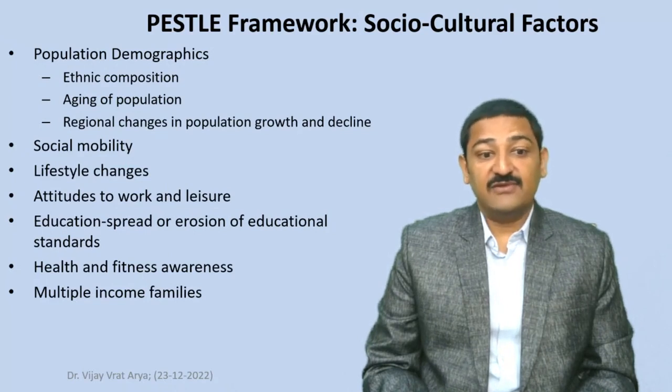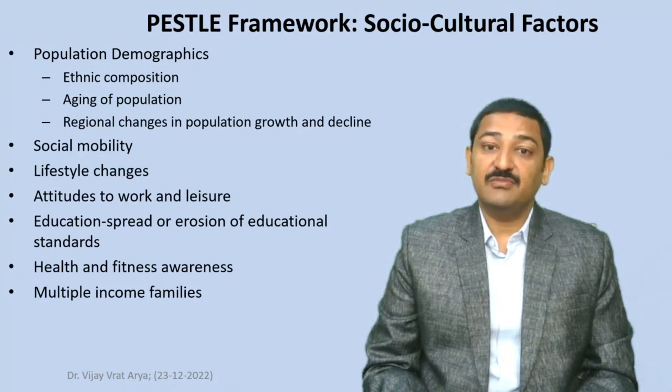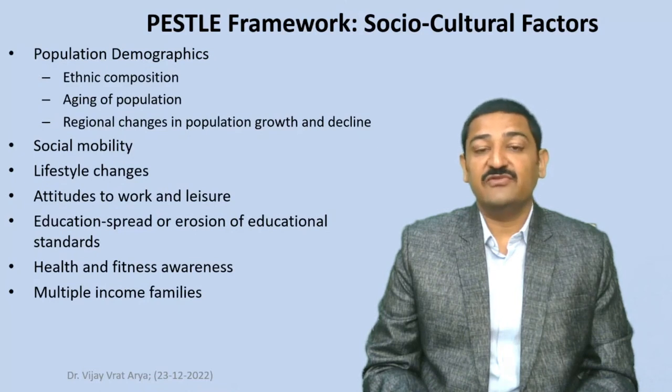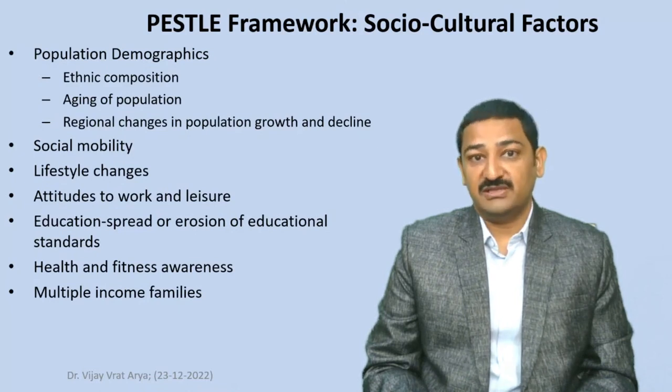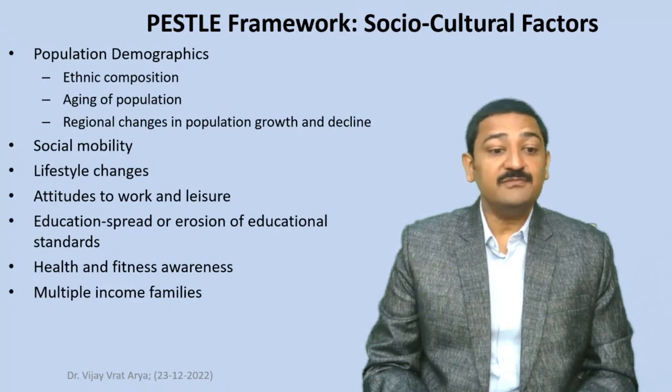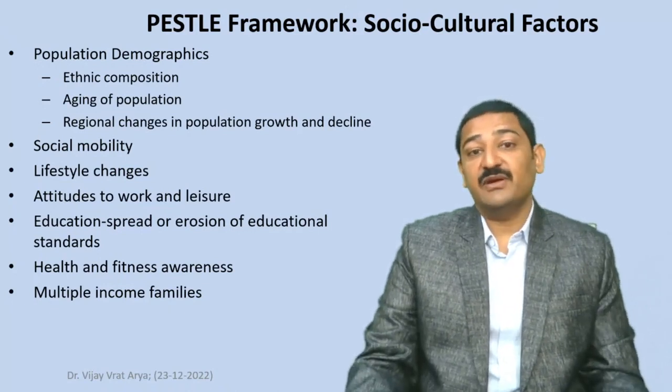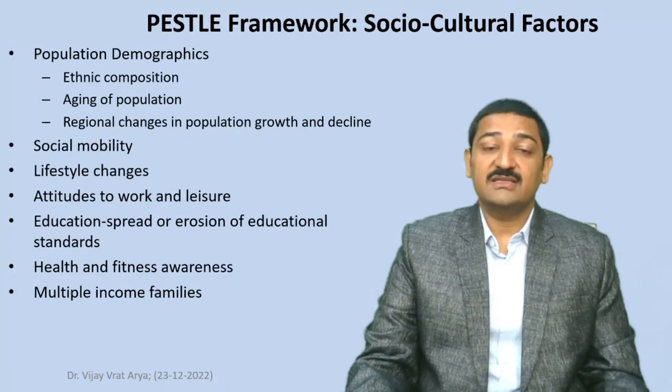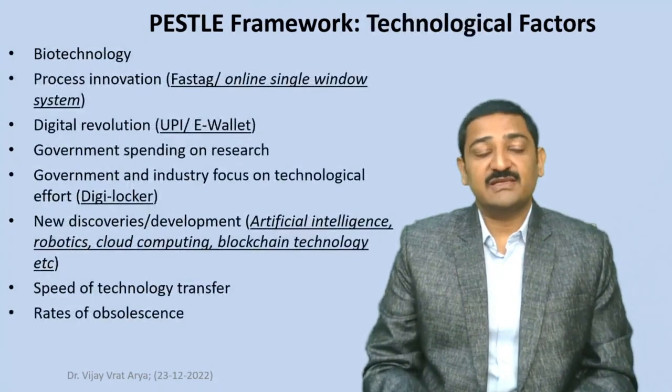Then the health and fitness awareness among the population of the respective country where the organization would like to operate is also part of this analysis. Then multiple income families are again considered a prominent aspect.